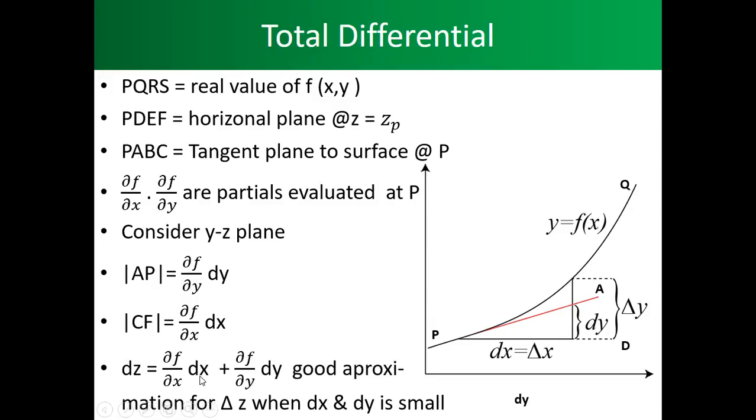So now what is going to be dz? This is going to be 3-dimensional. Our dz is going to be the partial of f with respect to x, times dx, plus the partial of f in terms of y, times dy, and this is a good approximation of the change in z when the dx and dy are small.